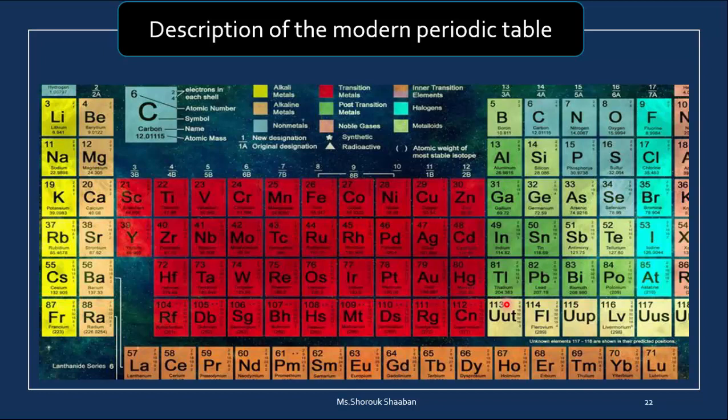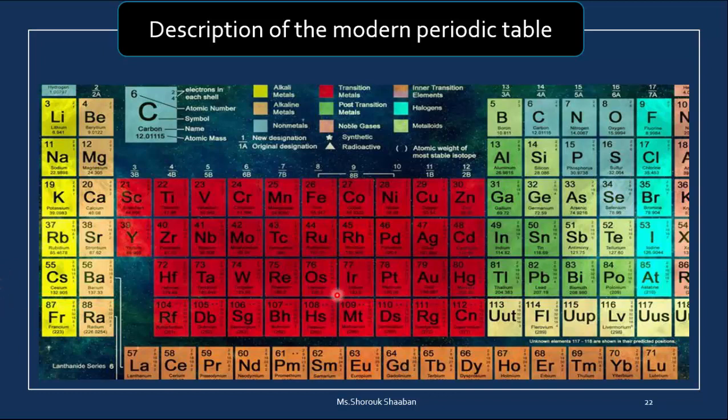Come with me. At first, how many groups are made in this table? We said groups are the vertical columns. And how many periods are there? We said periods are the horizontal rows.